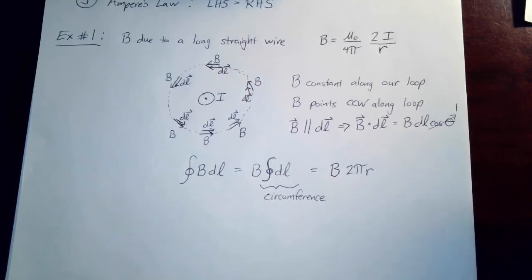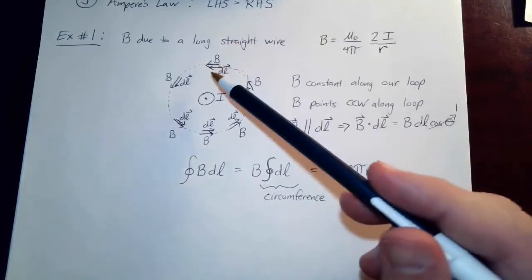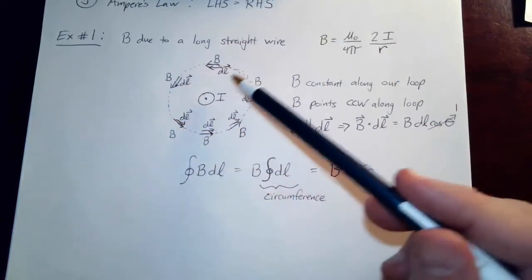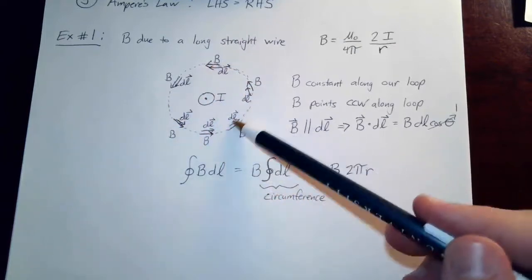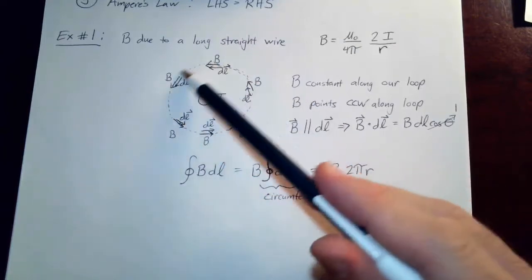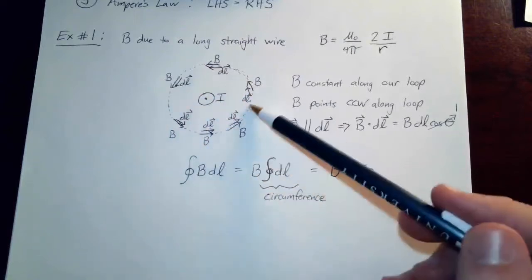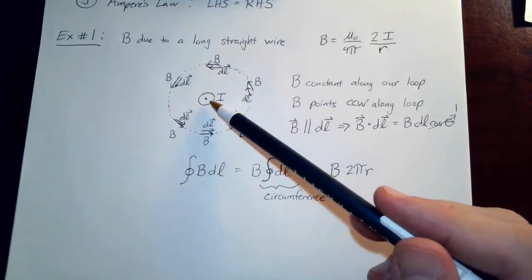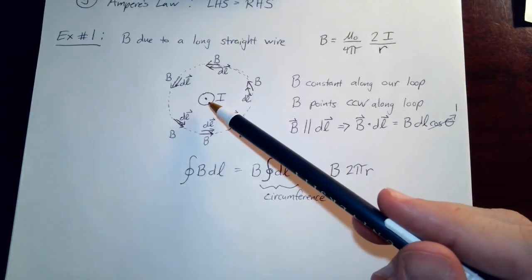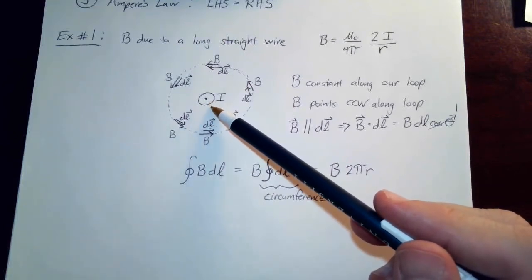Now step 4 is how much current pierces the soap bubble that we stretch across our path here. So you can imagine a soap bubble that's stretched across this path. Like this path is a hoop, and there's a soap bubble in the hoop. Only I passes through that soap bubble. Only I pierces it. What's the sign of I?